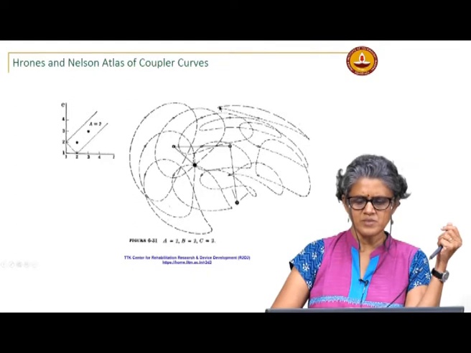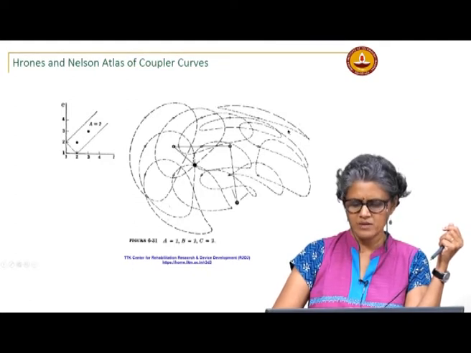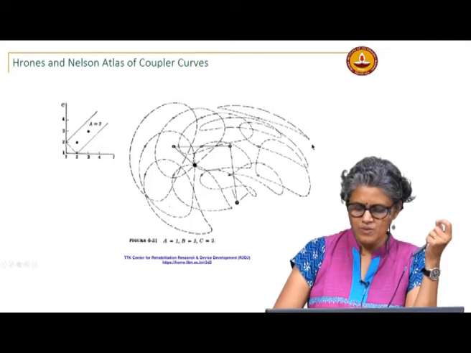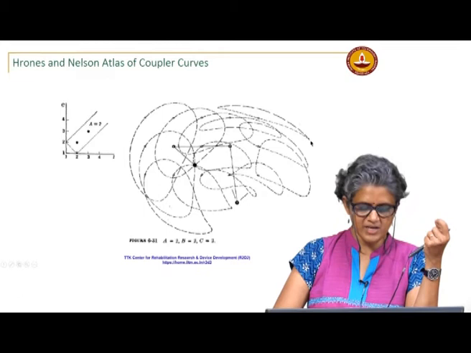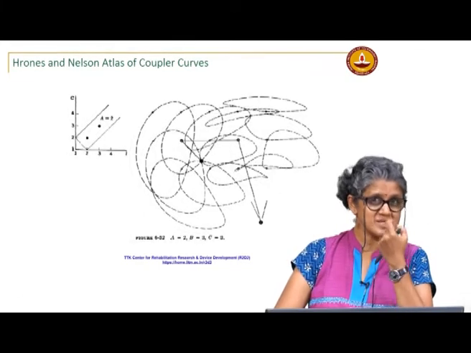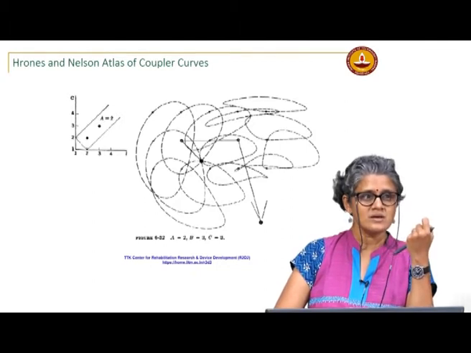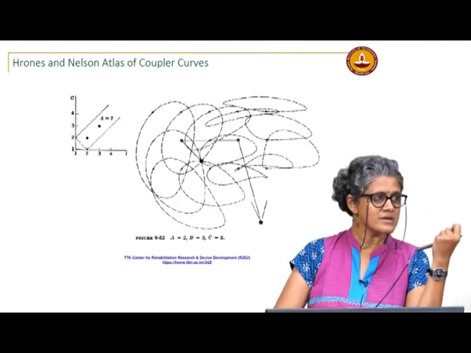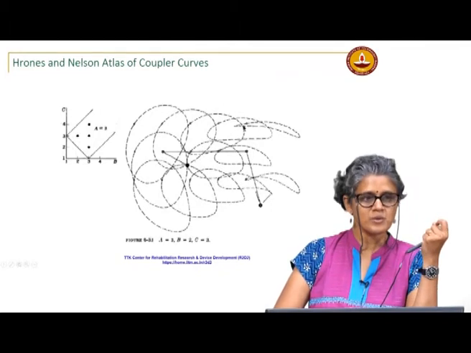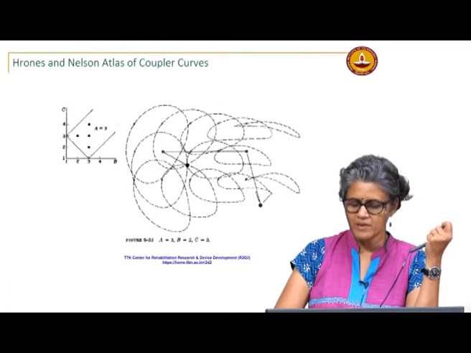So, in terms of a perfect cusp, it means your two instant centers will coincide. It happens only at one location, so a pure cusp you could probably have only at one location in the coupler curve.